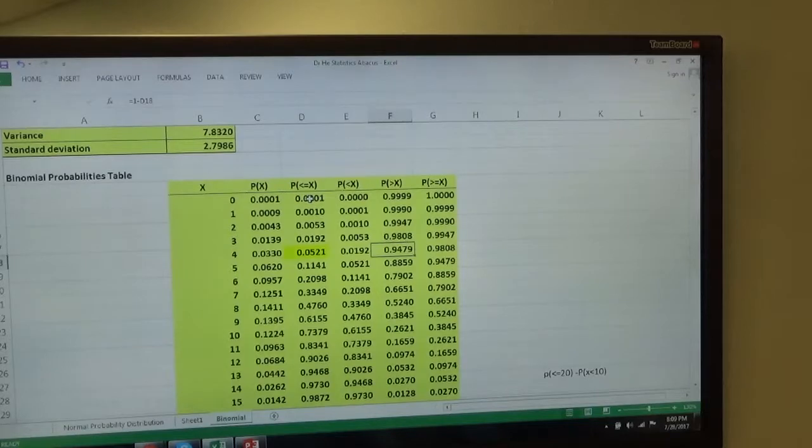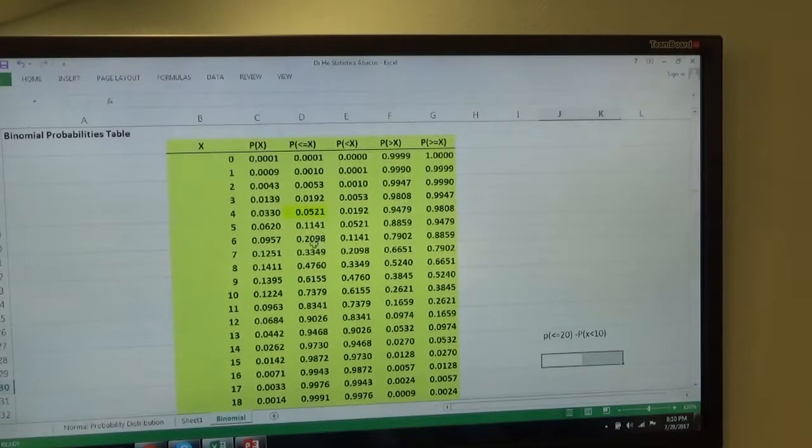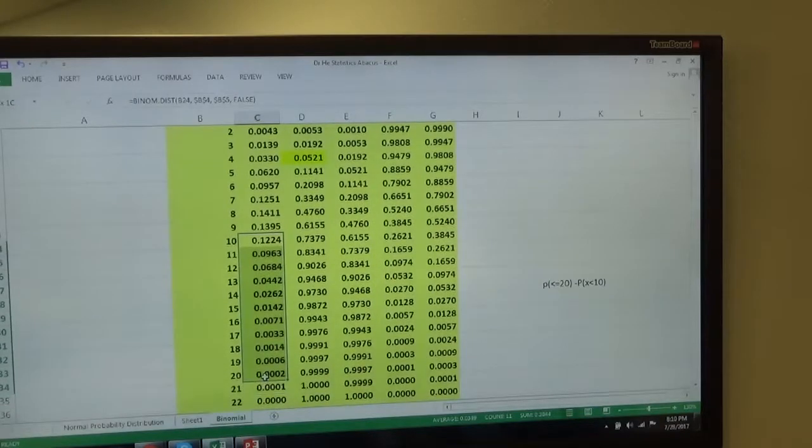Or you can select the probability of x less than or equal to 20, then find the probability of x less than 10, which is the same as x less than or equal to 9. But the easiest way is 10 to 20, and you add them together.